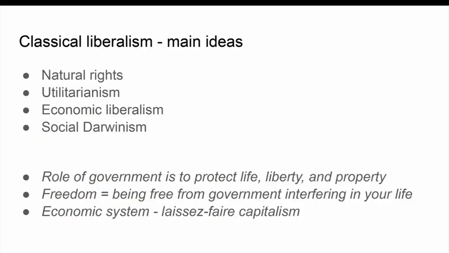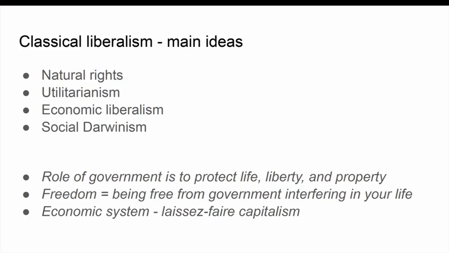So here are some main ideas of classical liberalism. What you should really take away from this is that individuals as a group started to become important, right? This is when you had the idea, which was novel, that individual people had some rights because they were human, right?